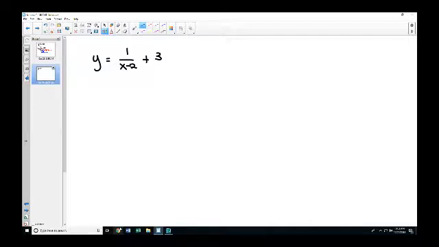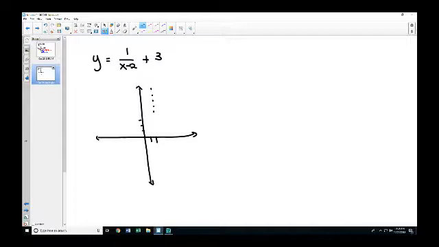Just identify those asymptotes. Graph it. What movements do we have? To the right. Remember, left and right, because we're paired with the x, it's opposite of what it says. So, right 2, and up 3.